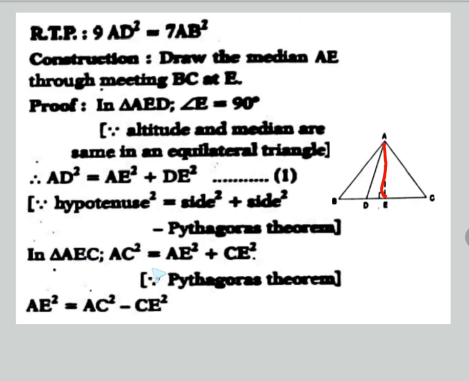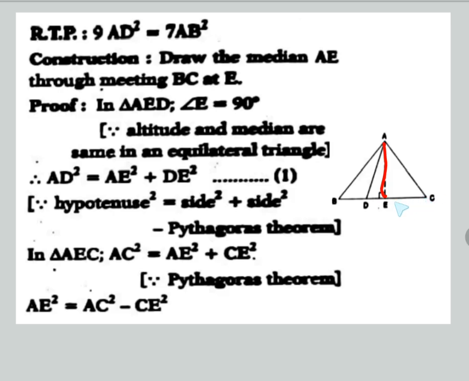From triangle AEC, AC square is equal to AE square plus CE square. And AE square is equal to AC square minus CE square. We need AE square, that is AC square minus CE square.